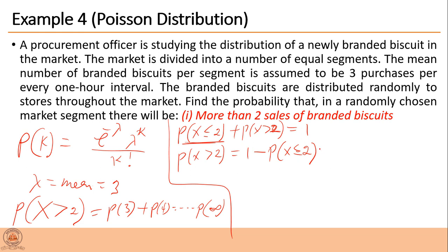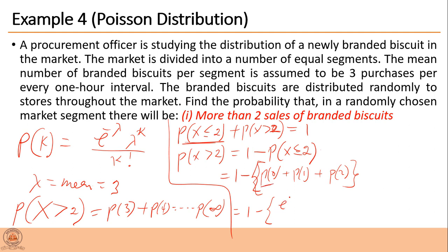So we have equals 1 minus, then I put my curly bracket, probability of 0, probability of 1, probability of 2. Now we put this inside.